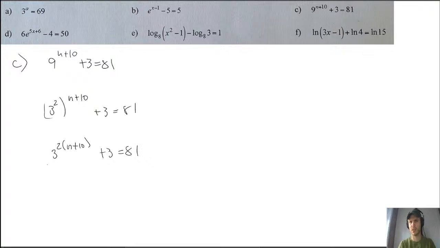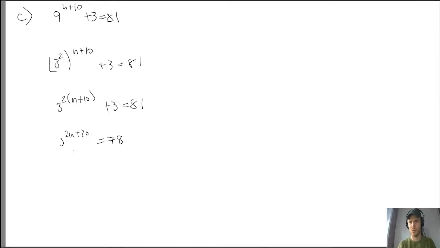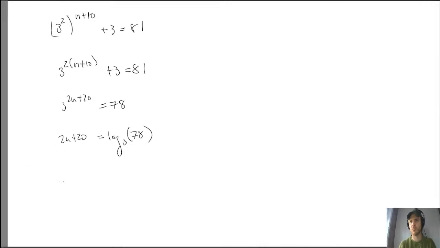We can subtract 3 from both sides and distribute this 2 if we want. Equals 78. And then we'll do the log base 3 of both sides. And subtract 20 and divide by 2.